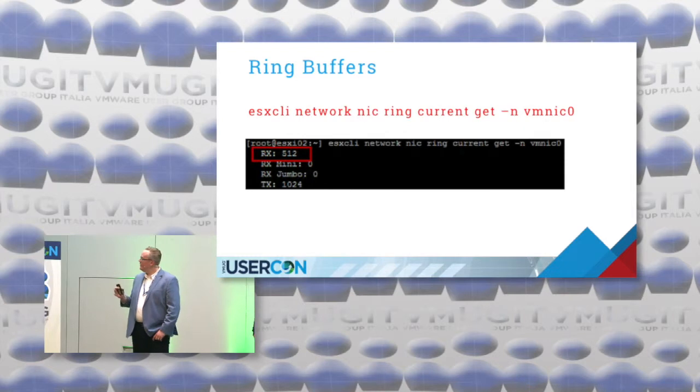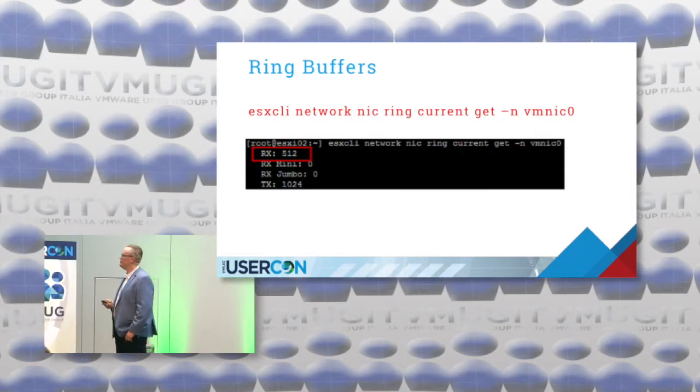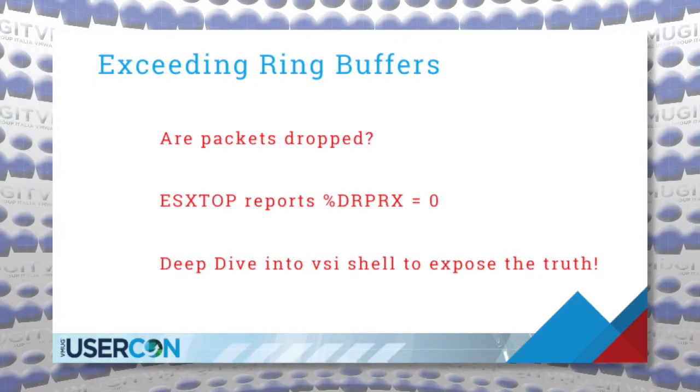But an interesting thing about ring buffers is when you are exceeding the ring buffers, right? That will cause dropped packets to occur. And again, this is for a VM which is sending out and receiving a lot of network I/O. But the thing is, if we look at esxtop, and I think everybody is familiar with esxtop, again, a beautiful source of information.